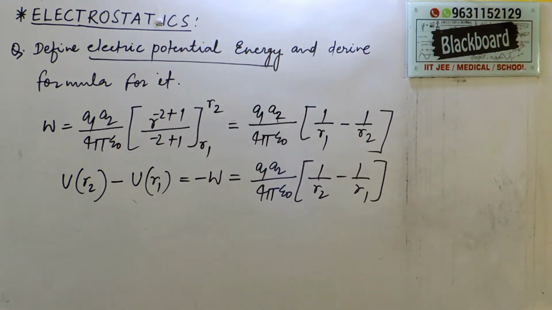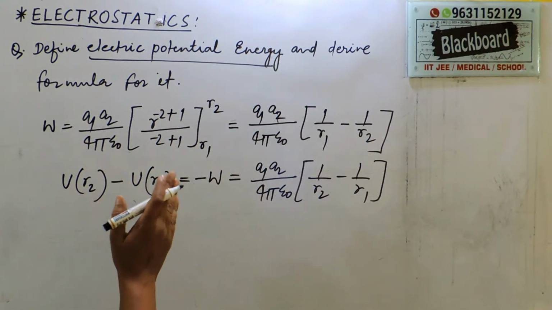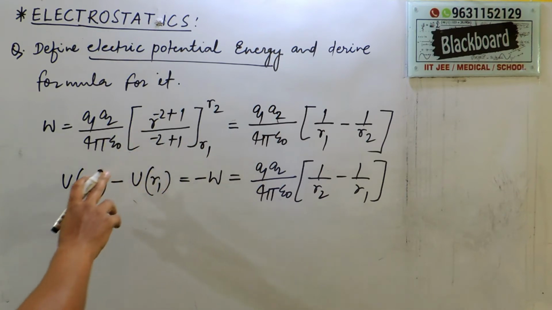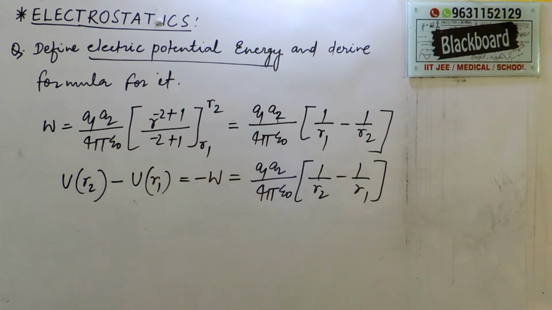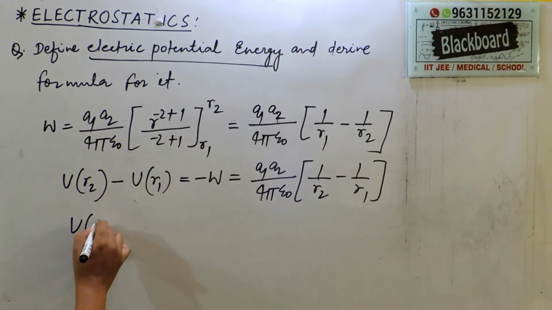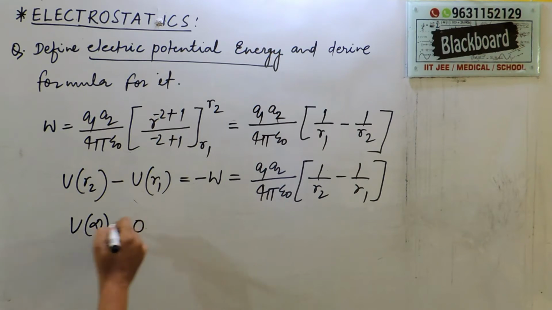Negative of work done. We choose the potential energy of a two-charge system to be zero when they have infinite separation, that means when they are widely separated. This means U infinity is equal to 0.